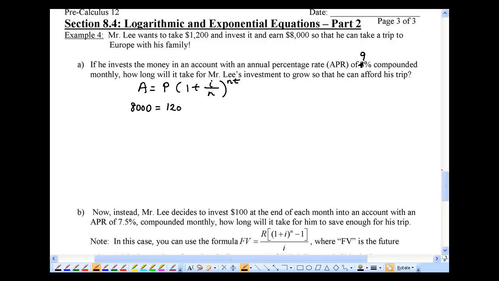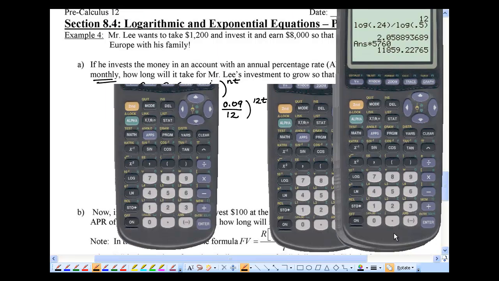P stands for the initial amount, which is 1,200. I got 1 plus i, and this is 0.09. And because there are 12 months in a year, and I'm compounding monthly, n is 12, and this becomes the power of 12t.